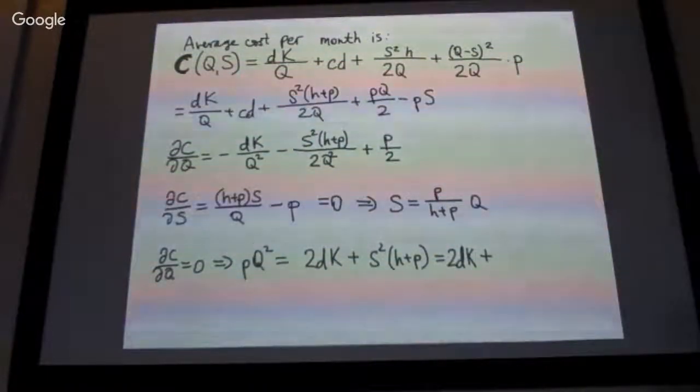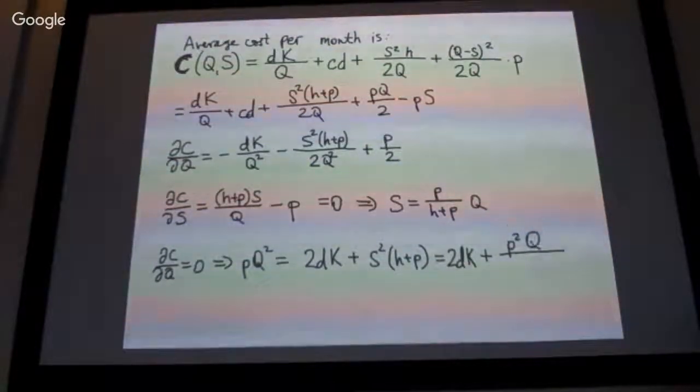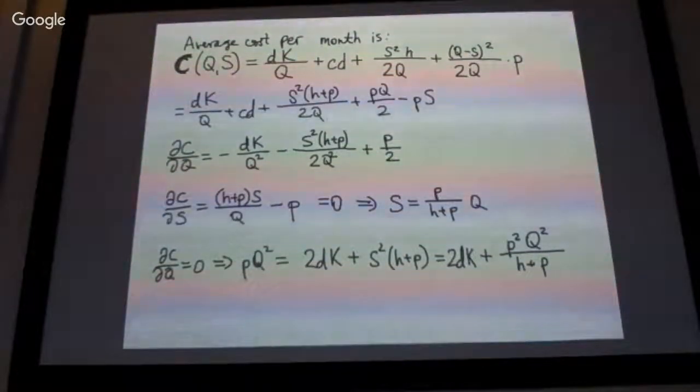So what do I get? I'll write it all up there: p squared q squared divided by h plus p. So now I can solve for q squared.